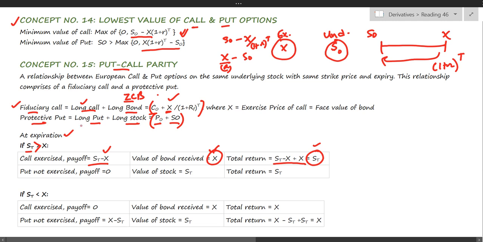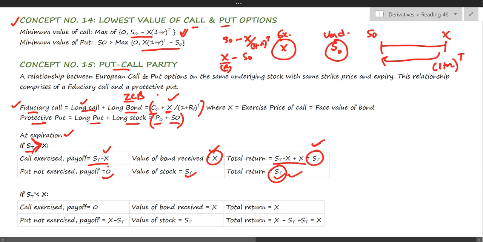That is equal to the spot price at expiry. Okay, and talking about the protective put, since the spot price is more than the exercise price, the payoff for the put will be 0. The value of stock price as on expiry will be ST, and thus what you get in total is ST. So we see that on expiry the payoff given by fiduciary call and protective put is equal when spot price is greater than exercise price.